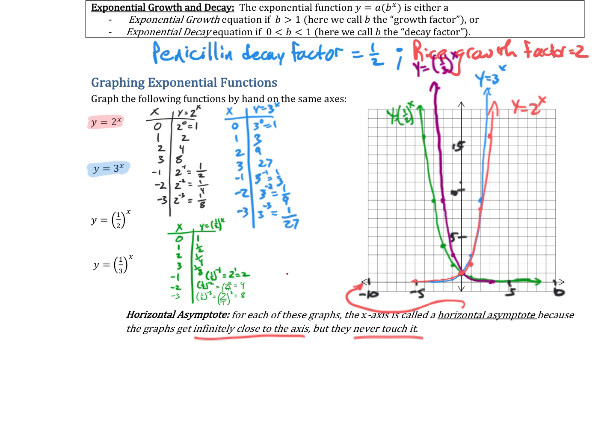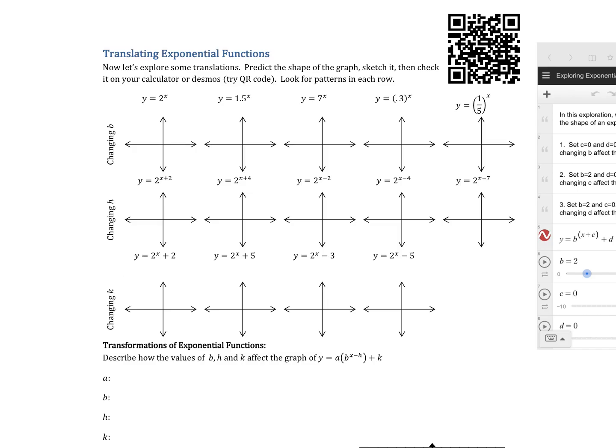Now we're going to see how we can move them around the axis. What happens when we add numbers to it? So let's investigate how we can change the shape of an exponential function and its graph. To do this, you can use a graphing calculator, or you can go to Desmos on desmos.com and use their graphing calculator.